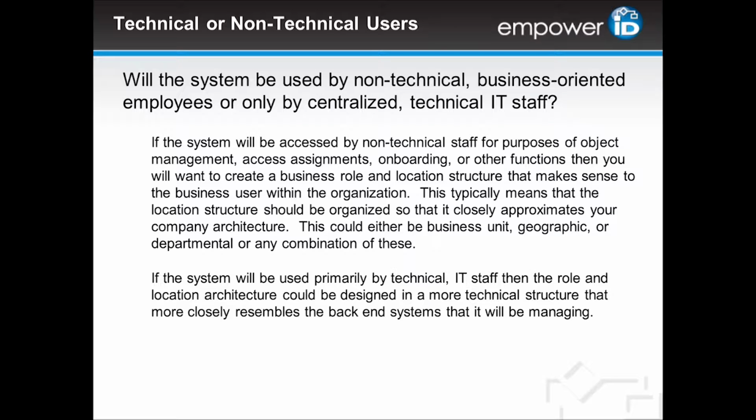Since EmpowerID is a delegated identity and access management system that provides the ability for you to delegate access to non-technical individuals, to relieve some of the workload and put the effort associated with some of these access assignments onto the non-technical staff in the environment, the business owners, the data owners, the process owners, you really need to have an architecture that makes sense to those particular users.